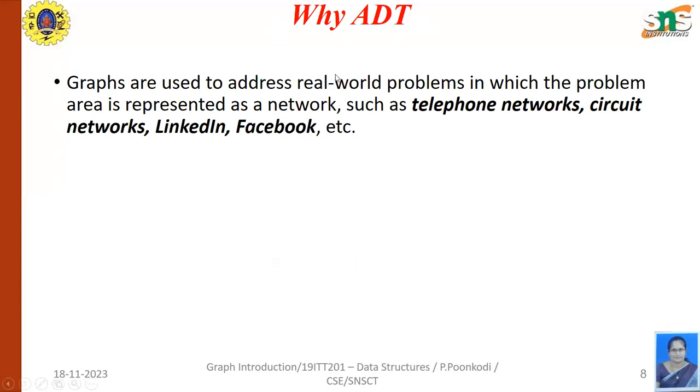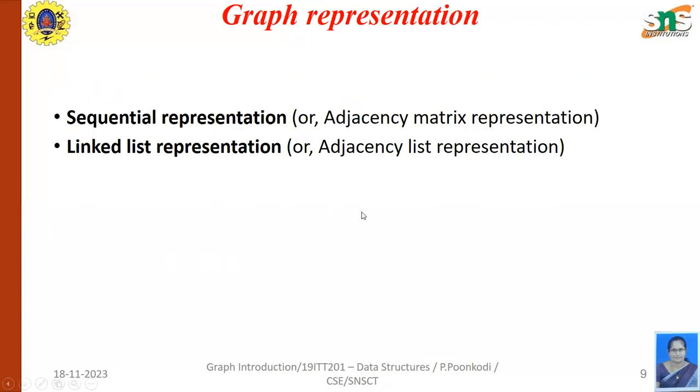Then why do we need this graph concept? The graph is used to address real-world problems. Those problems are represented as a network, such as a telephone network, circuit network, or LinkedIn, Facebook, and Twitter networks. All the social media use the graph concept.